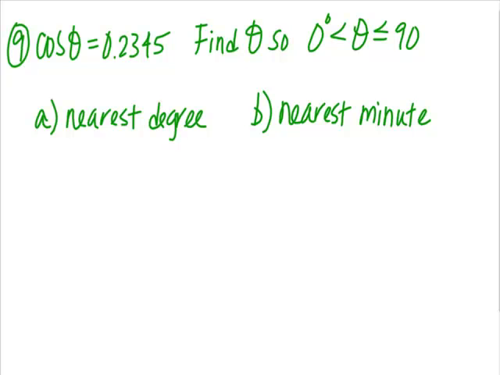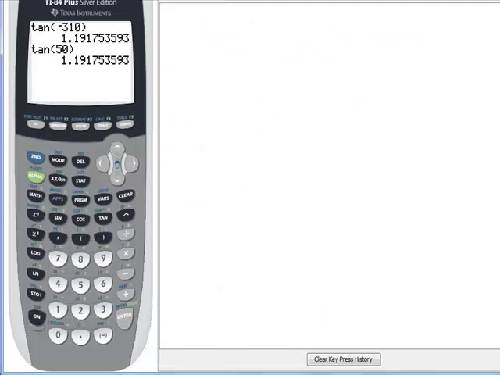Okay, a couple more. Cos theta is 0.2345. Find theta so that it's between 0 and 90, as in find quadrant 1. You may be asked to do this rounding in different ways. So say I'm asked to round to the nearest degree. So I'm just going to get my trusty calculator up again, and I'm going to say, hey calculator, tell me what angle has a cosine of 0.2345.